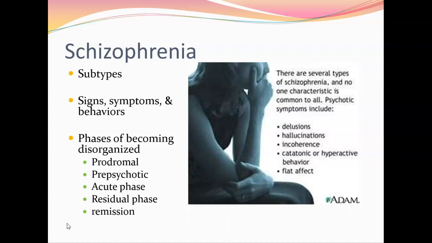They may have rigidity, that's maintenance of a posture against the efforts to be moved. Posturing with waxy flexibility, negativism, resistance to instructions, or excitement. They may be severely agitated, out of control, and have a potential for violence to self or others during these periods of stupor or excitement.